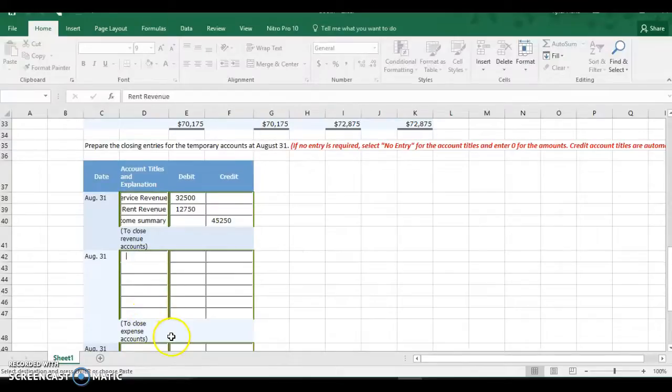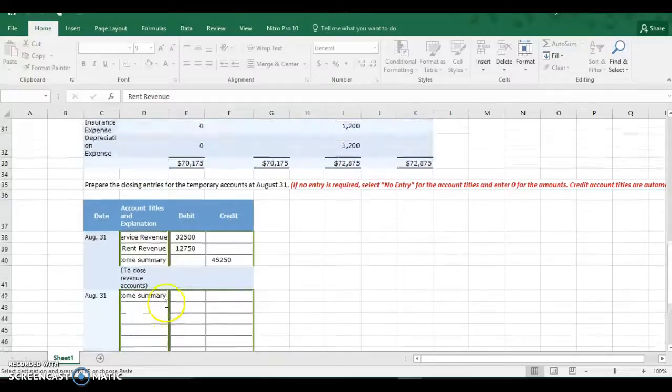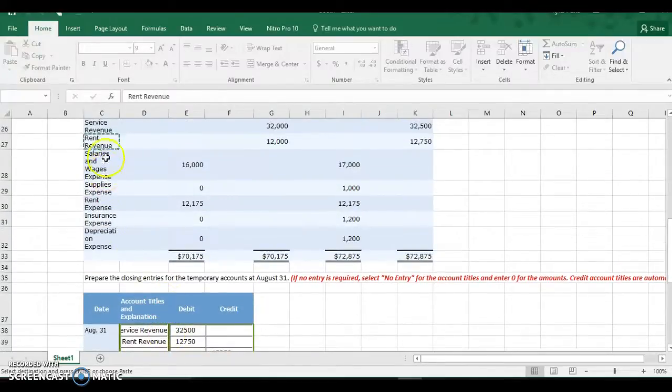Okay, next, to close expense accounts. Let's go ahead and put income summary right here. And we don't know the amount yet. We've got to add up all the expenses for this. Our first expense is salaries and wages expense.